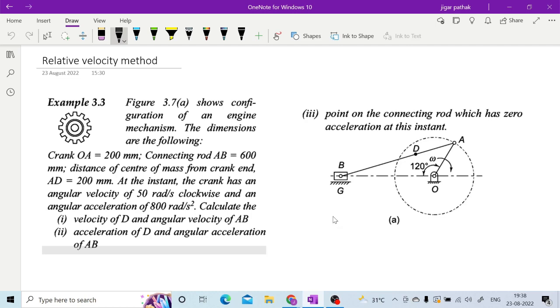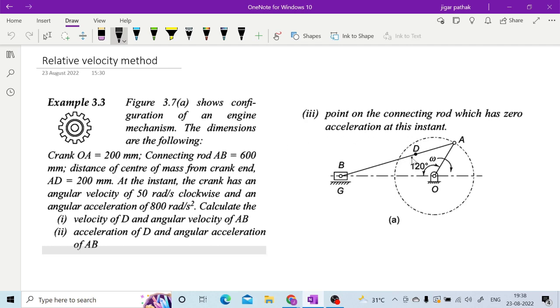So for that we have directly taken this question. Here again you have a slider crank mechanism. As you can see in this figure, you have the configuration of an engine mechanism, and the dimensions are given for the crank, the connecting rod, and the distance of the center of mass from the crank end, and then this AD is mentioned.